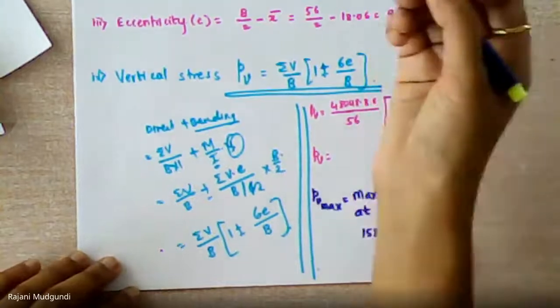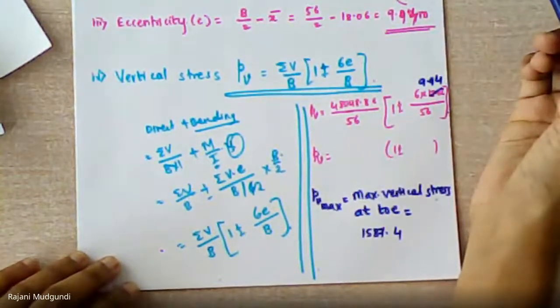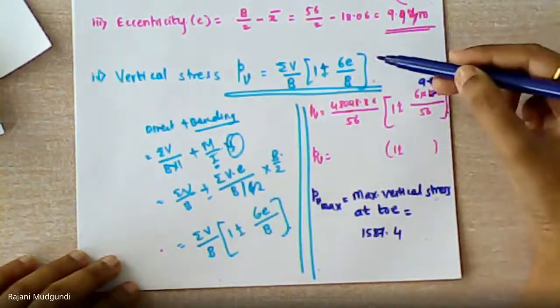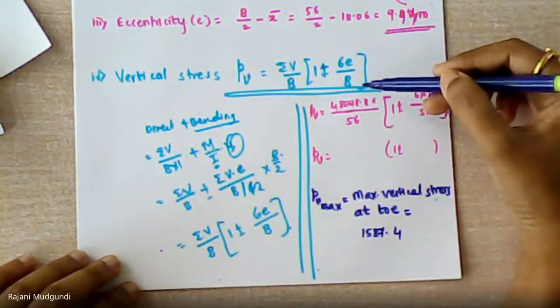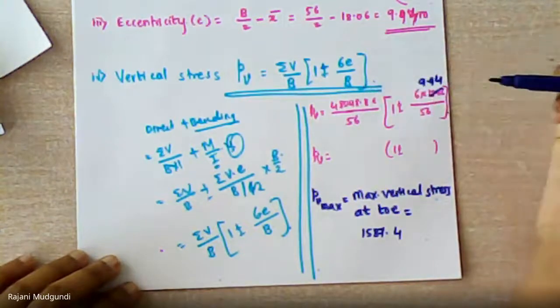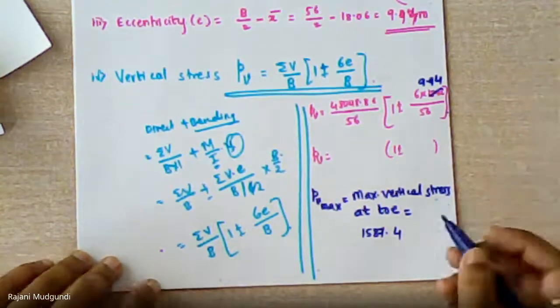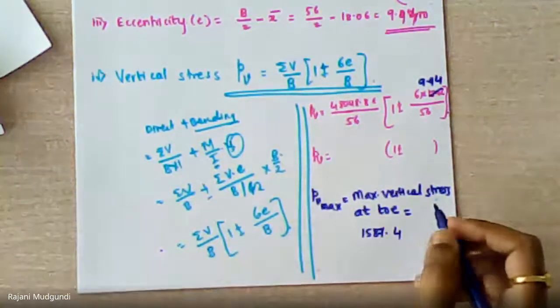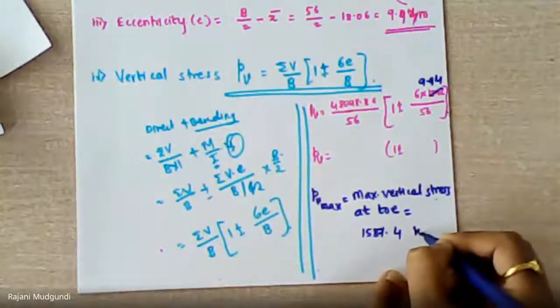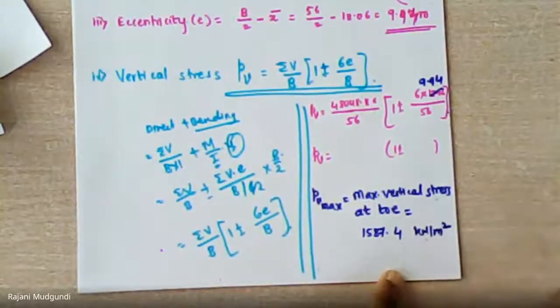Summation V is 43048.86. Value of E is 9.94. B is 56. Okay, 1587.4. So as this is the stress, it will have unit as kilonewton per meter square.